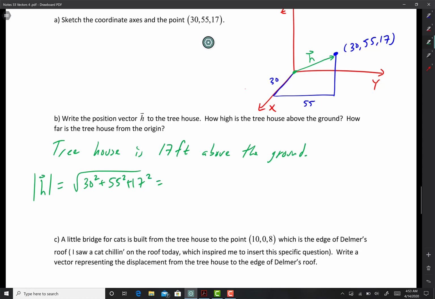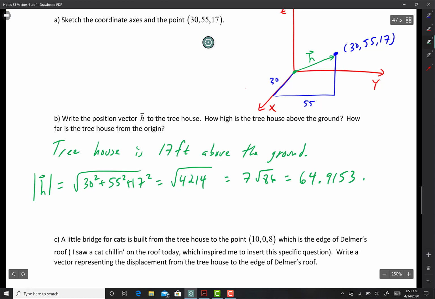It's a square root of 4,214. I have a smart calculator here with me. If I go 4214, it tells me that it is 7 square root of 86. That doesn't really help me. I'm going to go ahead and do what the actual value is, 64.9153, and I guess that's technically the approximate feet.